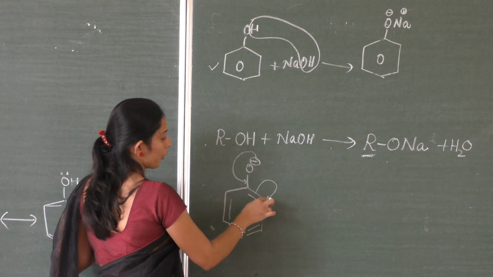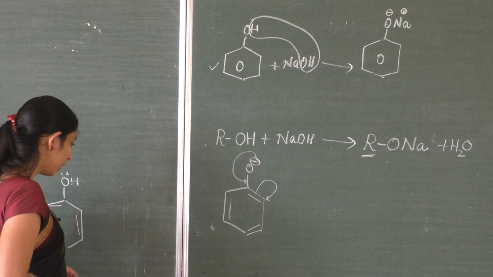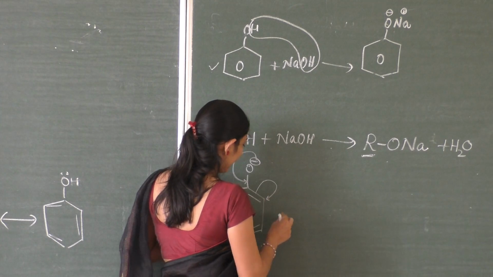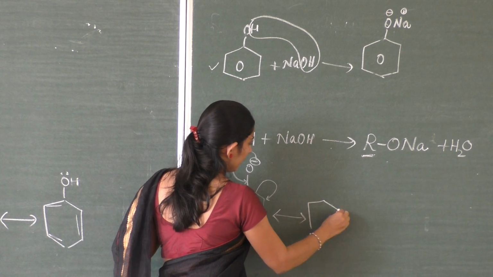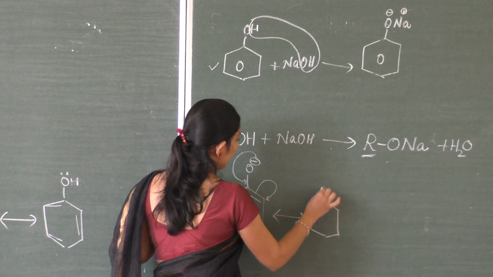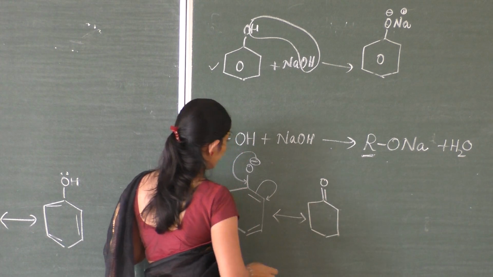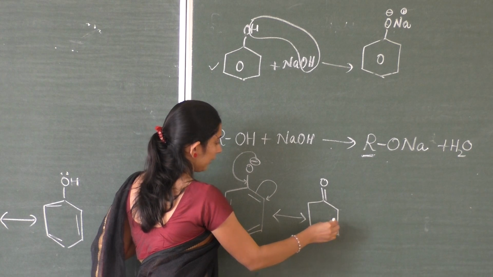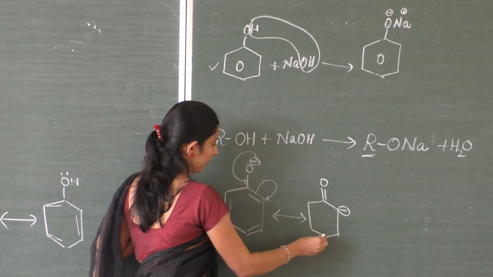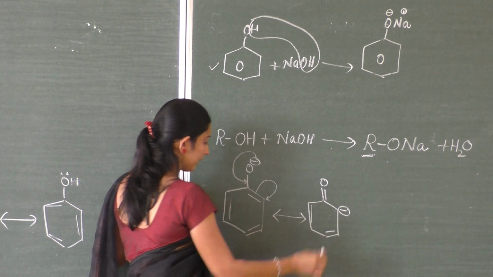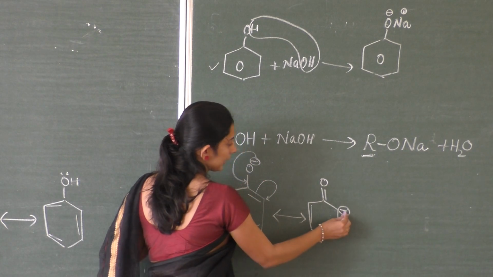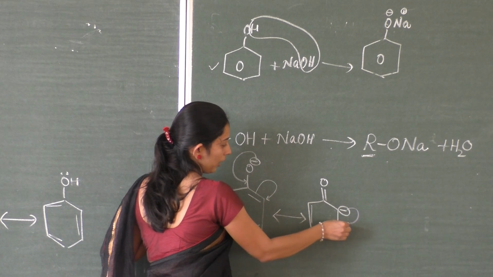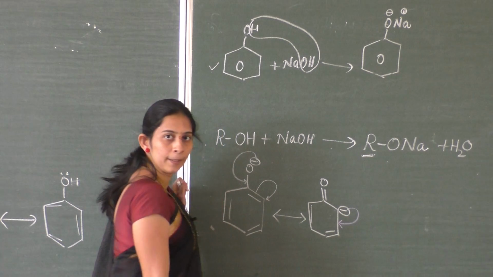This bond will shift to the next position, so that we get the next structure where we have a double bond to O and a negative charge here; this is already a bond, that I wrote here. In the next step, this negatively charged carbon will shift to this position.